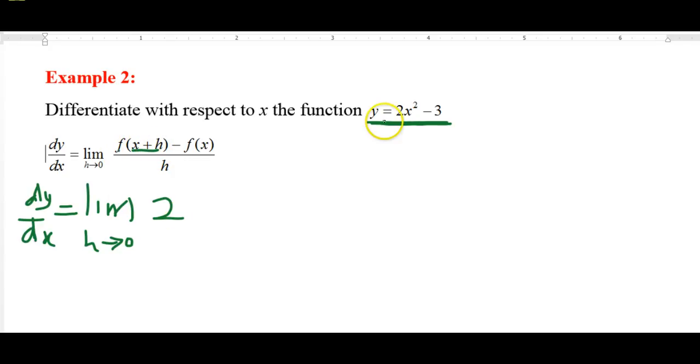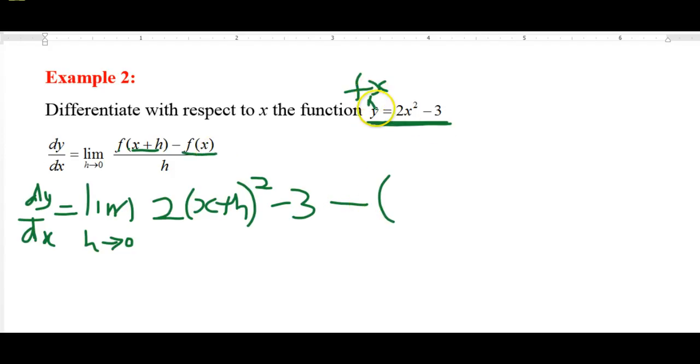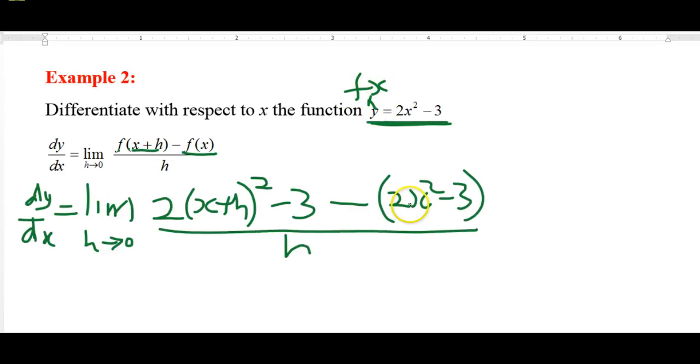So we are writing 2 into bracket times x, and x is x plus h, and it's squared, so we'll square this, minus 3. So that is the function. Then the whole thing minus f of x. And f of x is the whole of this function, because we said that this one represents f of x. And so f of x is 2x squared minus 3. Then everything divided by h per the formula.